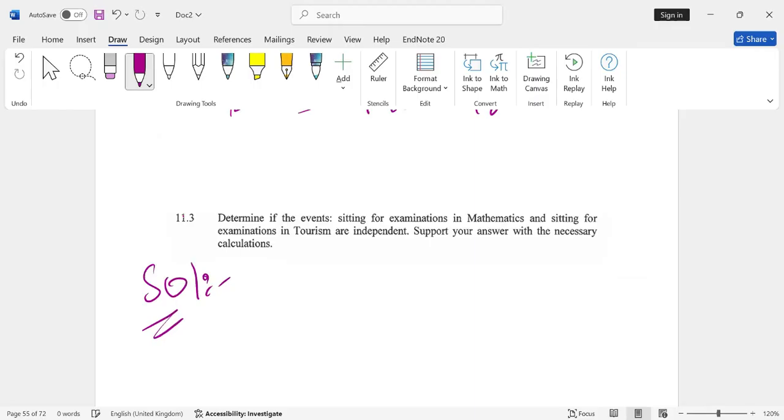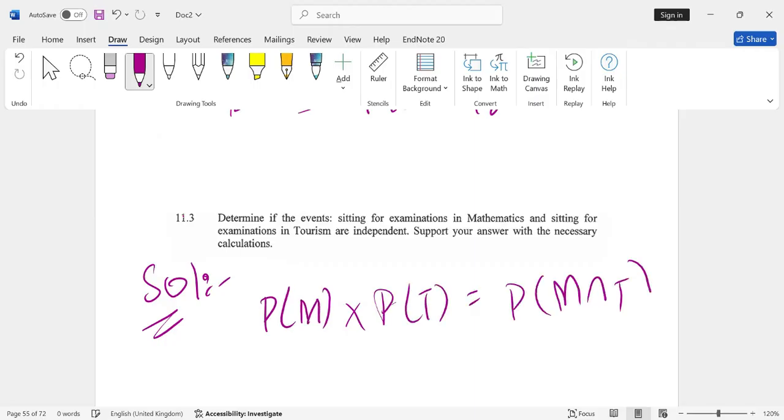For two events M and T to be independent, the multiplication rule must hold true. So P of M multiplied with P of T is equals to P of M intersection of T. So let's calculate the three probabilities needed.